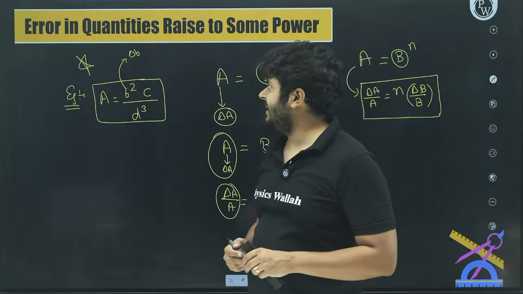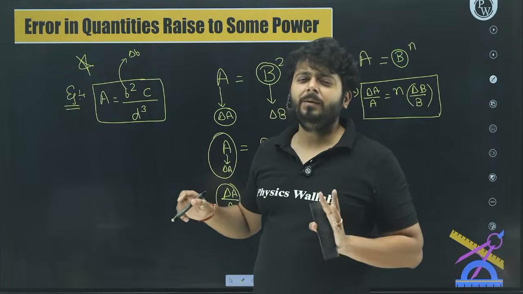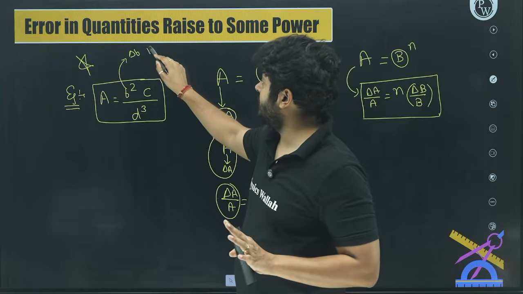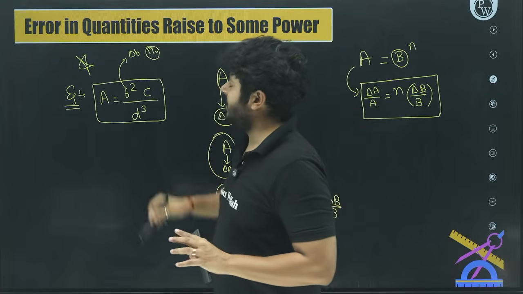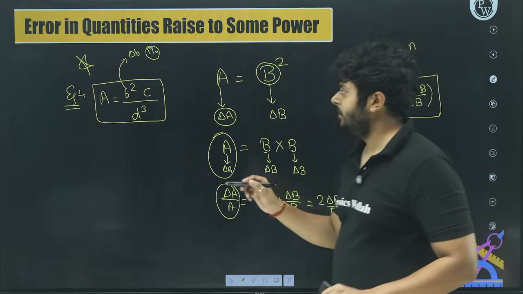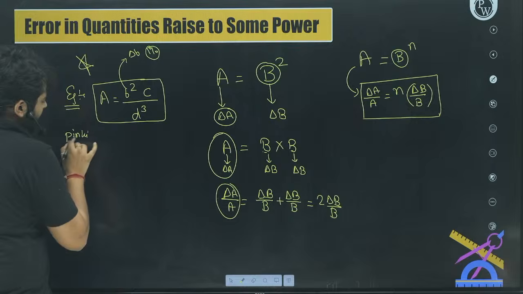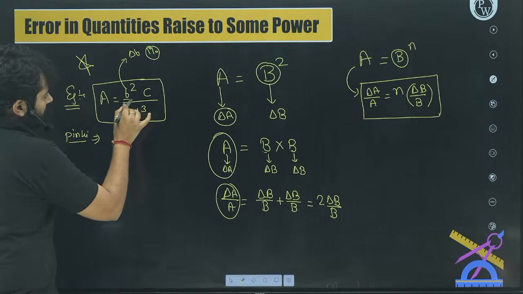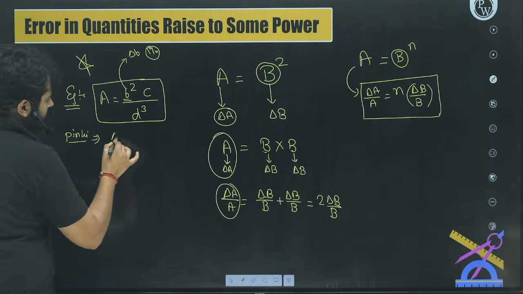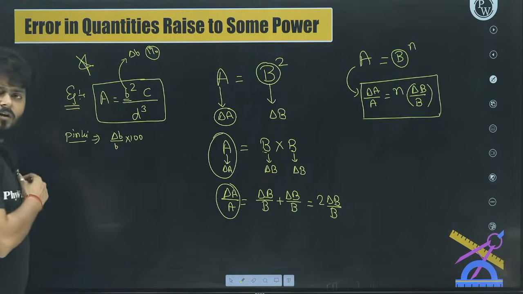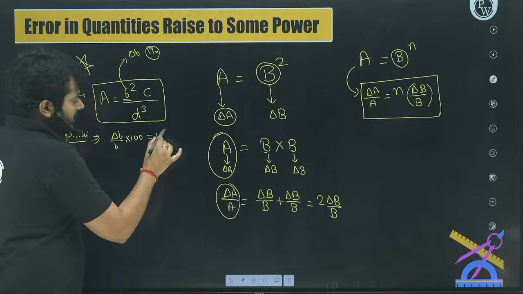And she is saying that in the measurement of B, I am encountering 1% error. So delta B upon B into 100, that is the percentage error of B, is given as 1%.